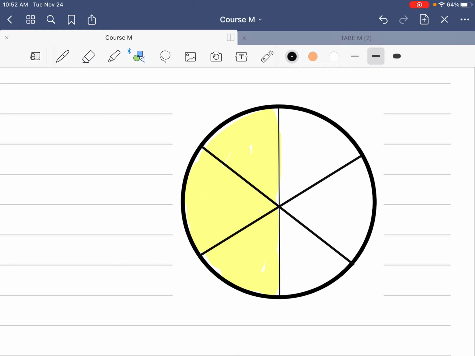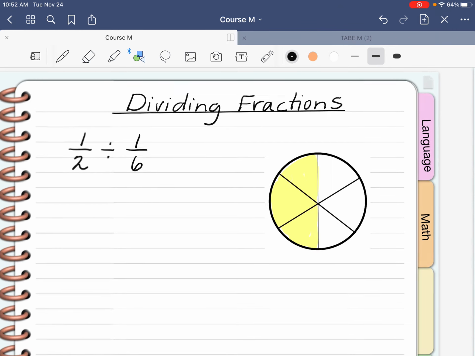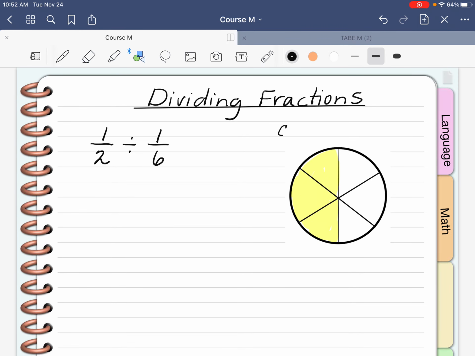So cut your circle into sixths. I can't say the word sixths, but you know what I mean. That's what this is telling me to do. Take the 1/2 and divide it.